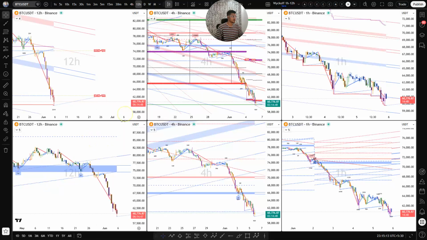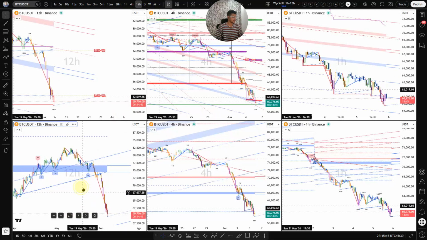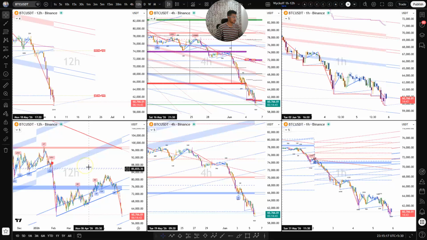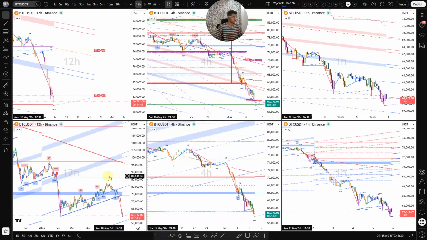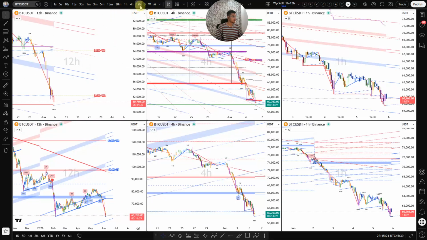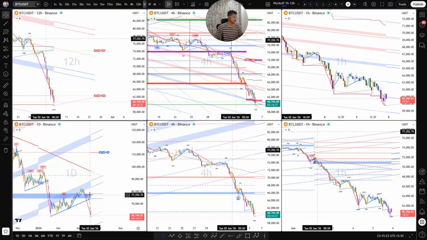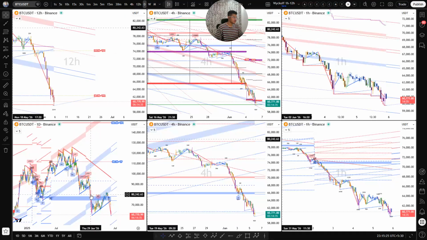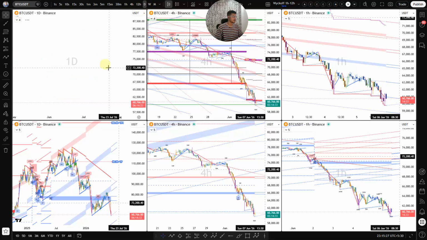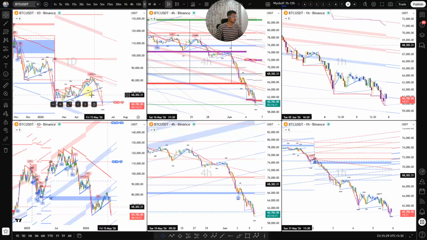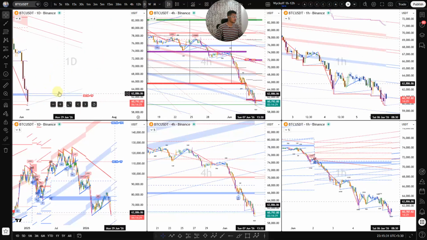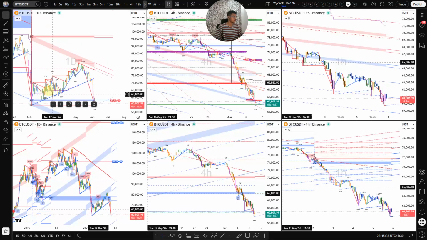So yeah, here this one is also making a new low. I think on the daily time frame it was here. Yeah, it actually came to the support point here on the daily time frame, you see.